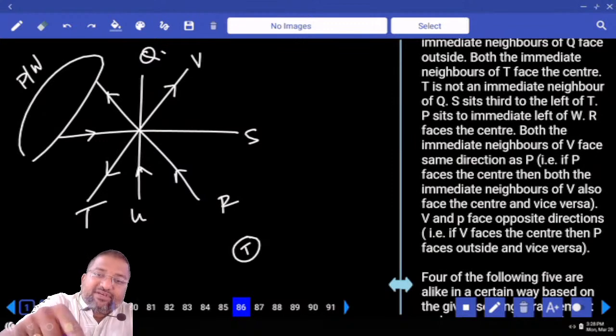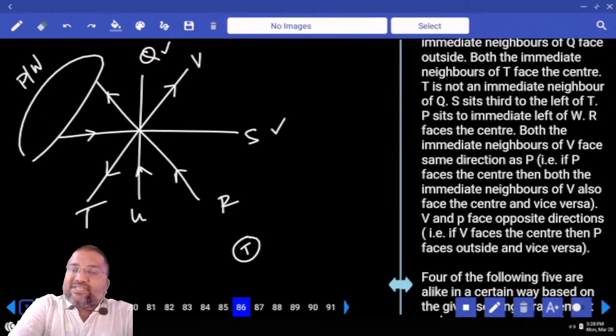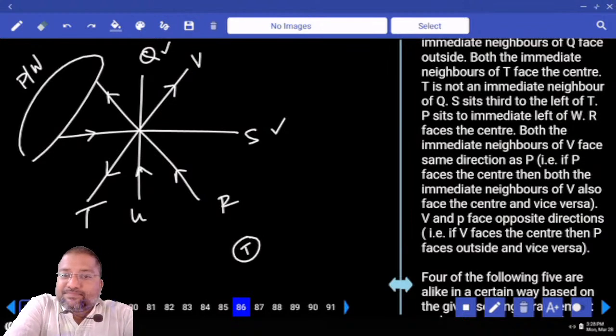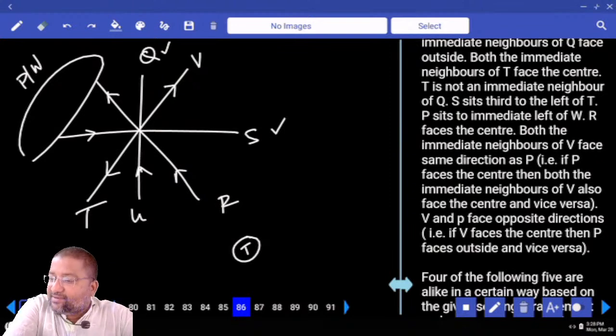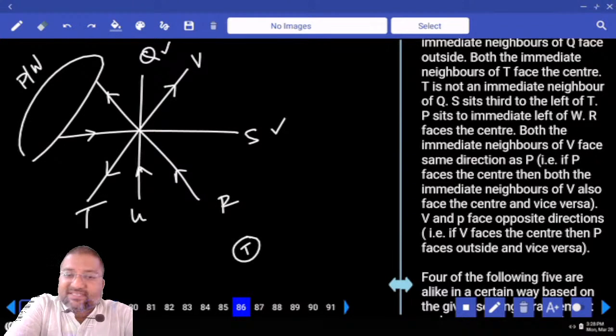Immediate neighbors of V, Q and S, they should be facing the same direction as P. Where is this P? Do we know? Next line. V and P face same direction or opposite direction? Opposite direction. Done.